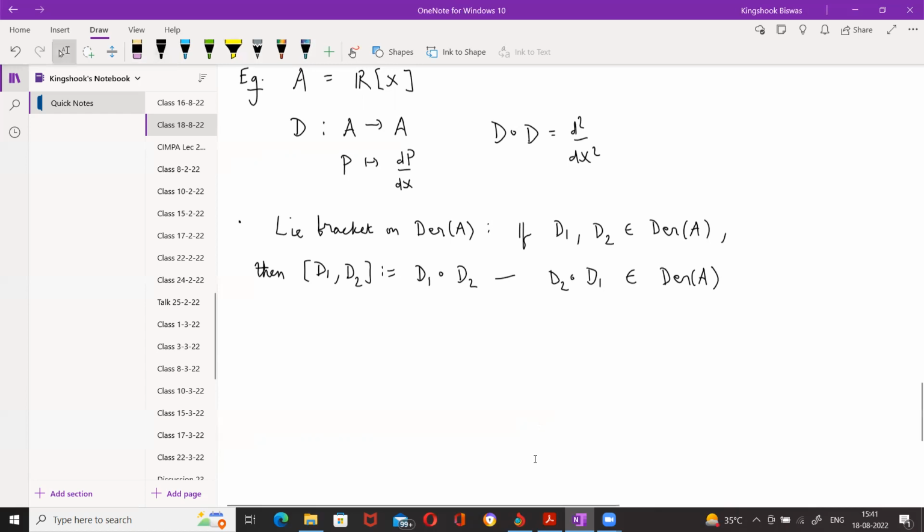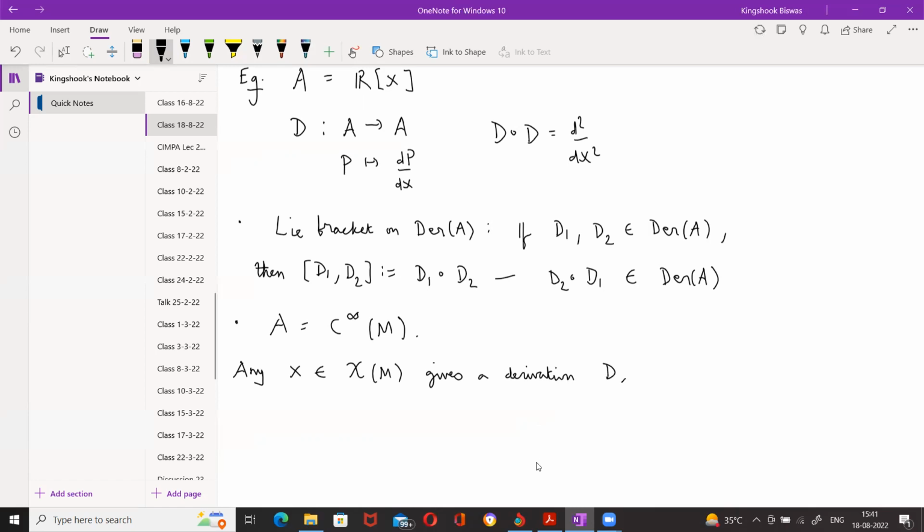Now the point is that if I look at A equal to C infinity(M), then any X, a smooth vector field on M, gives a derivation of C infinity(M).